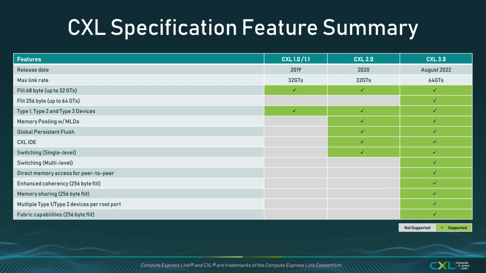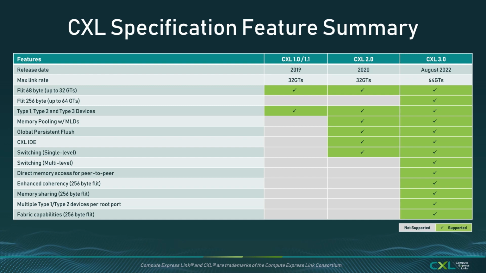So from a feature summary perspective, if you're looking at how that progression works and what the things are that are covered through the specs: as I was talking about 1.1, the data rate is 32 gigatransfers per second. It supports what we now know as flit mode, 68-byte flit.